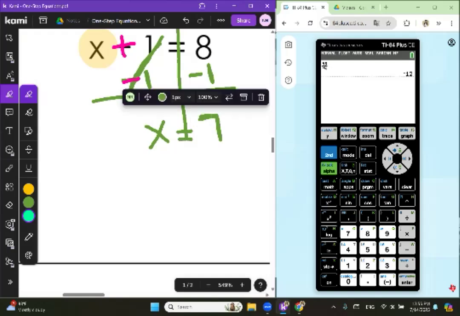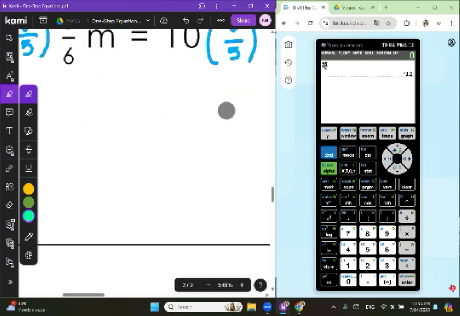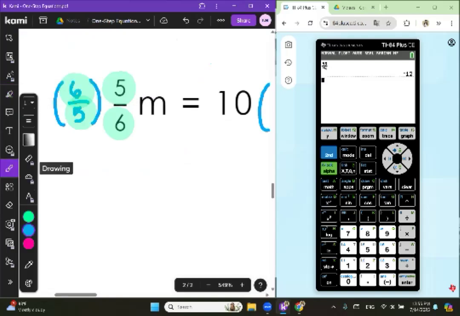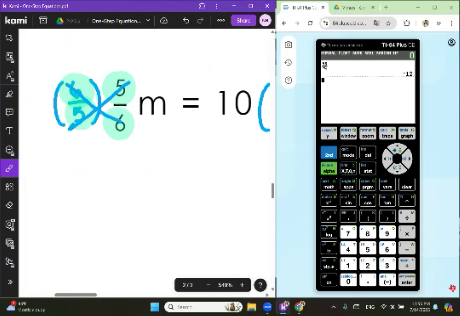Top 1 got rid of the bottom 1, right? So when we create that reciprocal, top 6 gets rid of the bottom 6, top 5 gets rid of the bottom 5. So these cancel out. So we're left with just M.